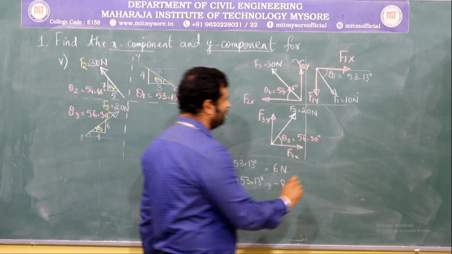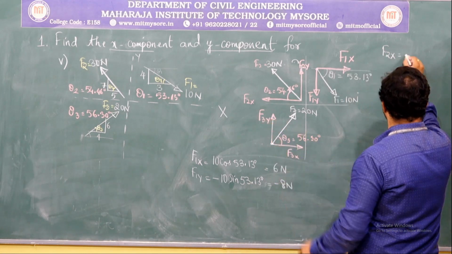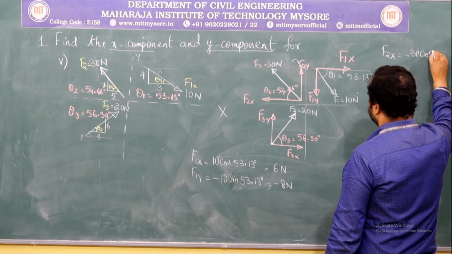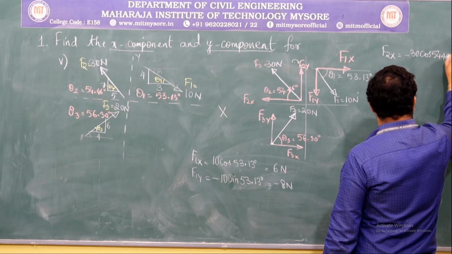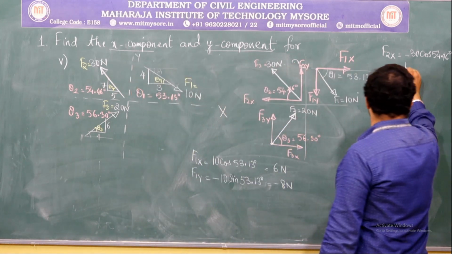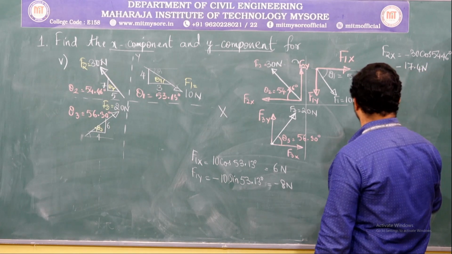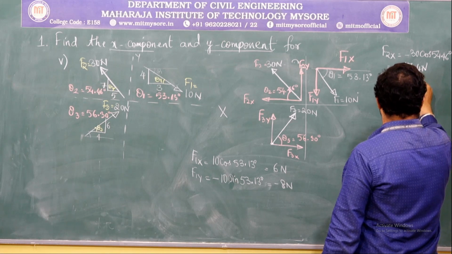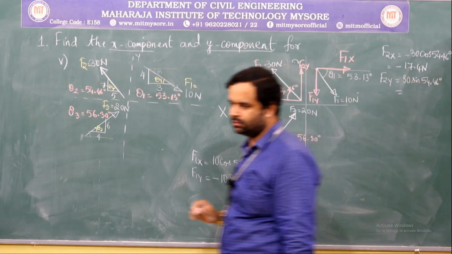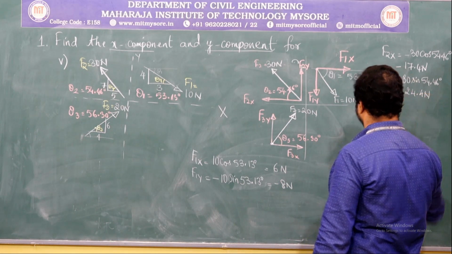Similarly, F2x is equal to minus 30 cos 54.46, which is equal to minus 17.4 Newton, and its F2y component is equal to plus 30 sin 54.46 degrees, which is equal to 24.4 Newton.